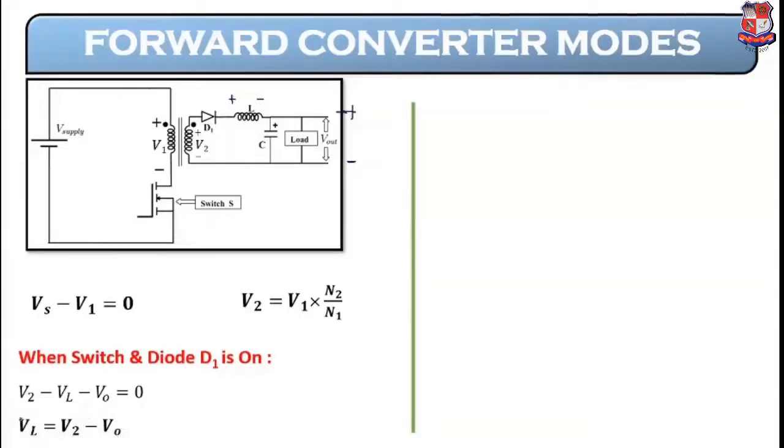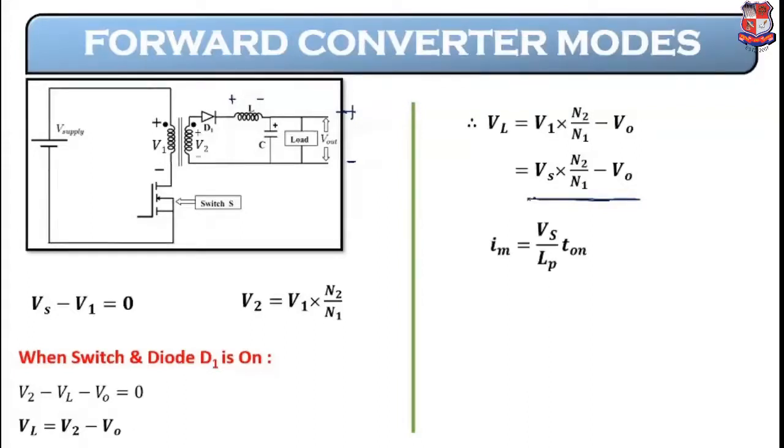Further you can replace V2 with V1 into N2 by N1, and V1 is nothing but Vs. So you are able to write inductor voltage with respect to input and output voltage. Okay, so this is equation 1 when switch and diode D1 are on.